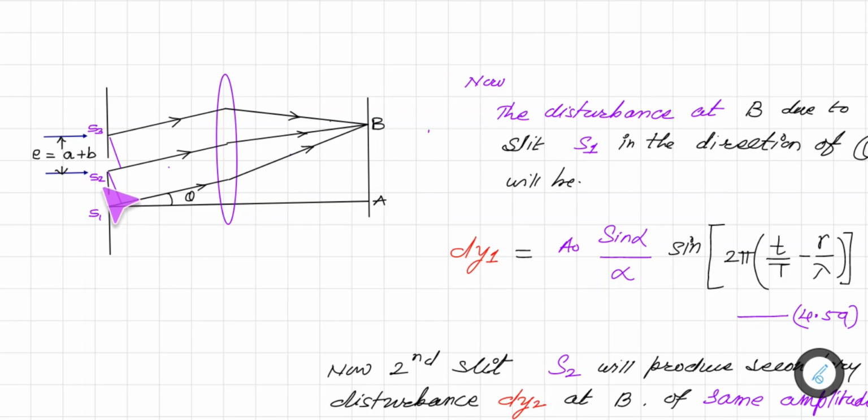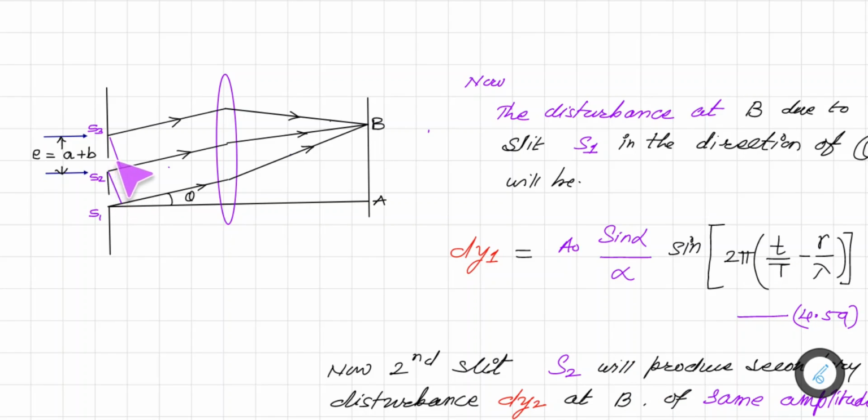The light rays passing through slit S1 in the direction of theta give dy1, which is equal to a0 sine alpha upon alpha, this is the amplitude, into sine of 2 pi times t upon capital T minus r upon lambda. This is expression 4.59.